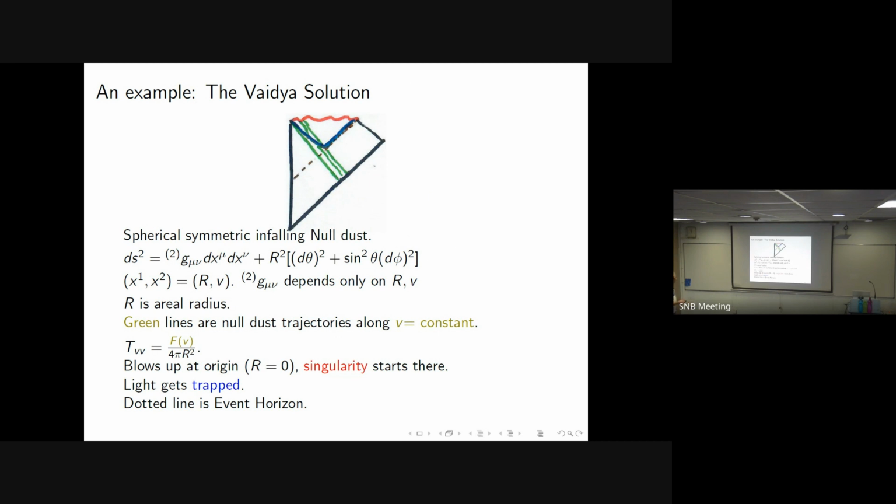And the geometry is such that if you go outside over here, then the behavior of light is normal, like what we said. If you go inside here, then both the ingoing light rays as well as the outgoing light rays are converging. And where do they converge to? They converge to the singularity, right? They cannot come out.